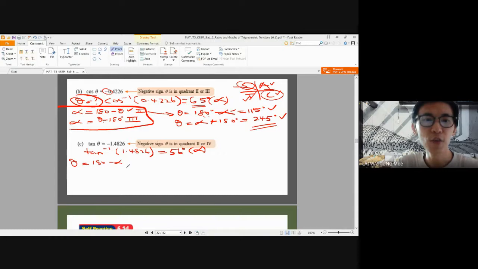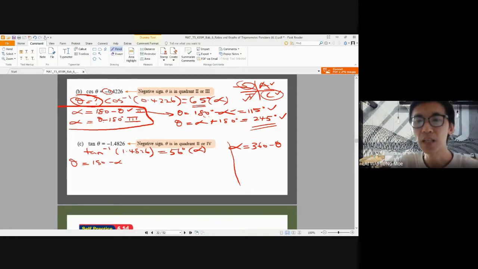For the fourth quadrant, we use 360 minus alpha. Okay, these formulas were given in the earlier part, di mana saya ada terangkan tadi. This is how we find alpha. But now we want to find theta.